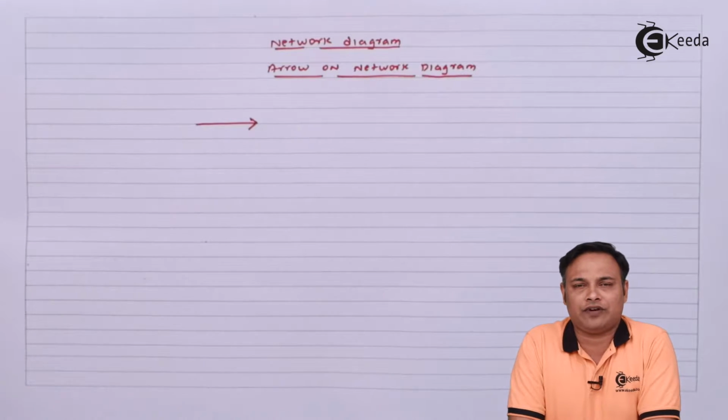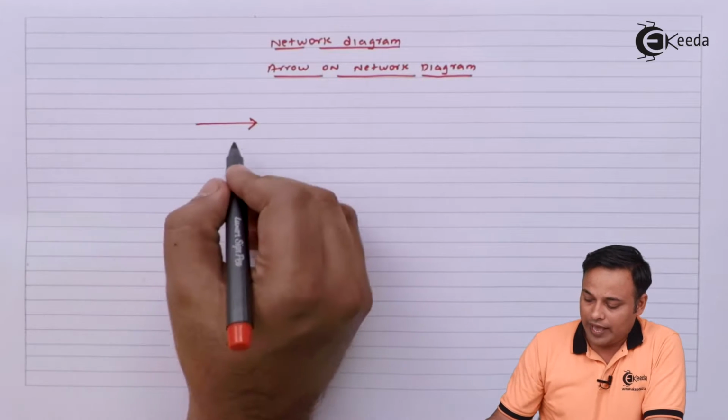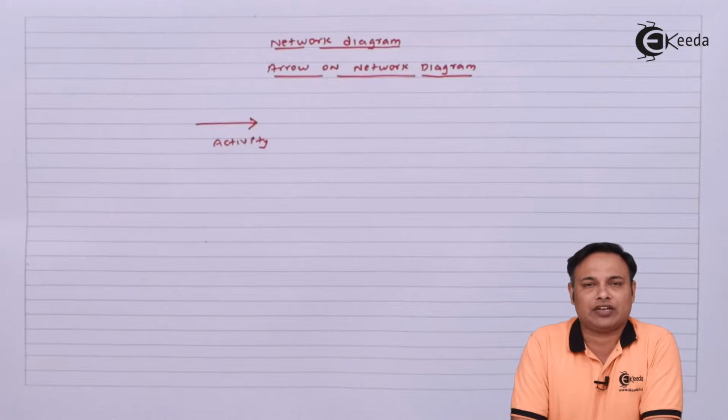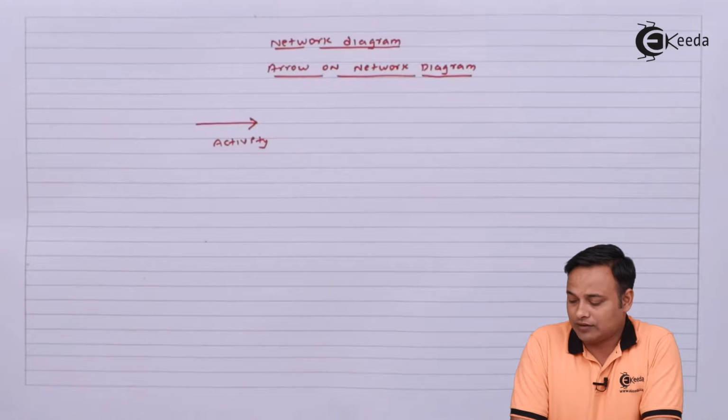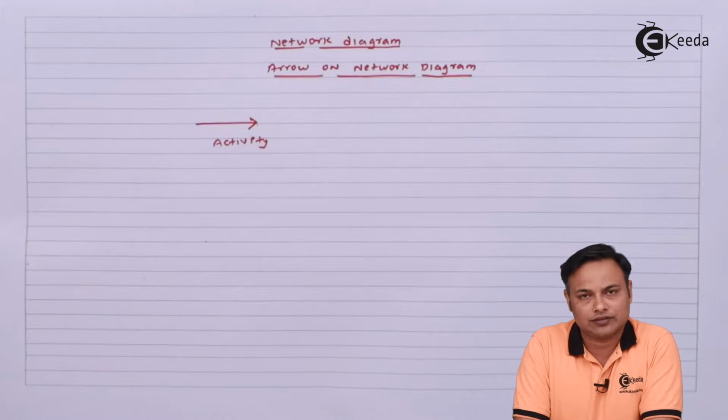For every network diagram, there will be multiple activities in the project. These activities will be represented by an arrow. The arrow indicates an activity, and this activity will have a start as well as an end.